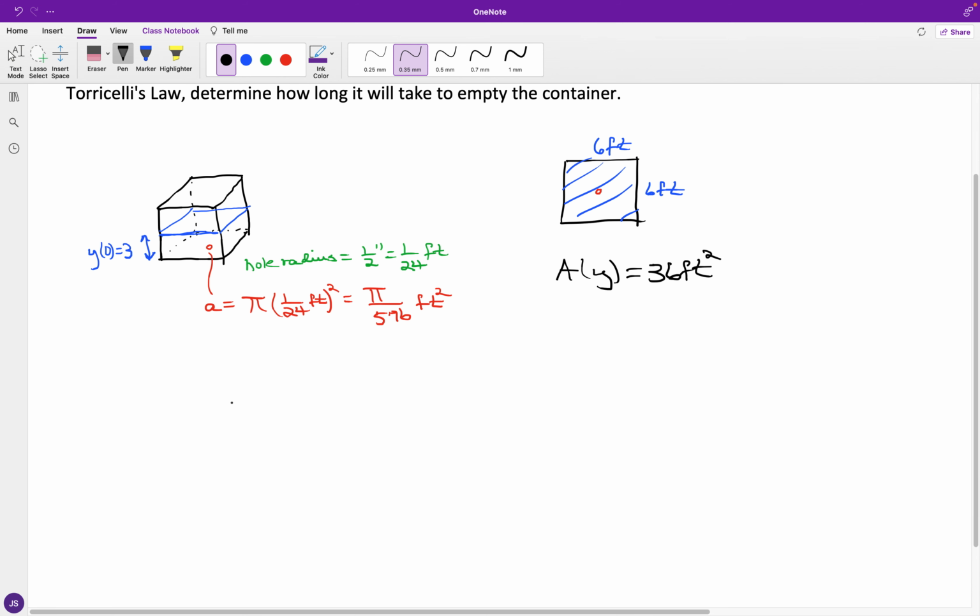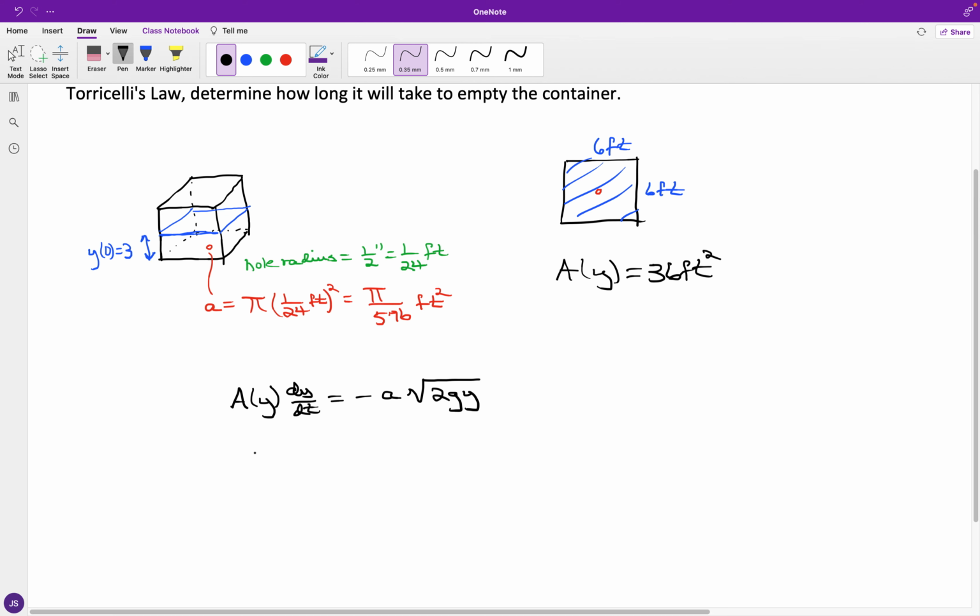Now, in the case of Torricelli's law, we have A of y, dy over dt, is equal to negative a times the square root of 2gy.